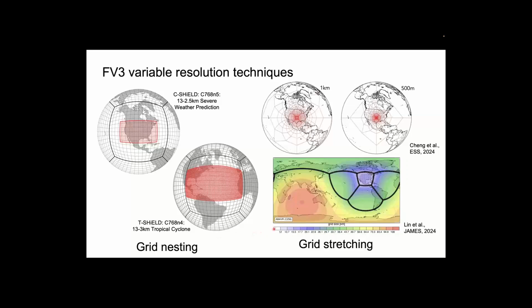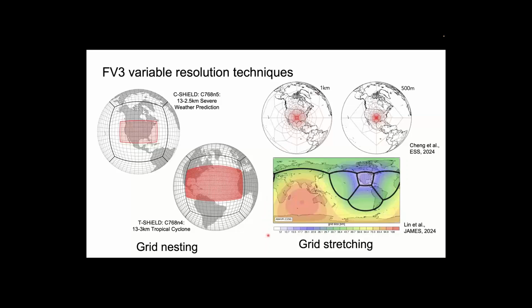For the grid stretching technology, basically, we take the cubed sphere and we can stretch one grid to get very high resolutions. It depends on the stretch ratio and what the user is interested in. My colleague Kai has been working on this project, and he was able to run idealized test cases of a supercell thunderstorm and simulate tornado-like features at 1 kilometer and 500 meters.